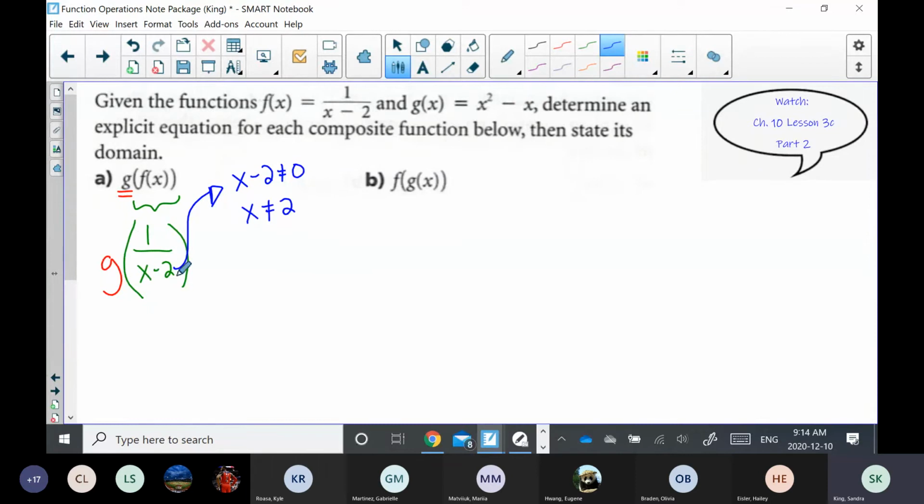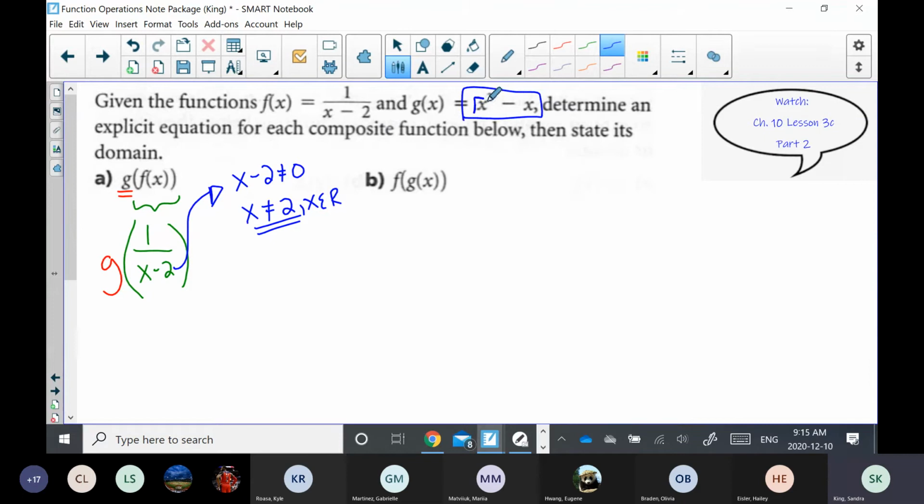So if you punch this rational into your calculator, 1 over x minus 2, you would see x could be any number, but there would be a vertical asymptote at 2. So that's my restriction, and I need to keep that restriction. Now I've found the domain of my inner function. What we're going to do is input this inner function into my outer function, which is g. So here's g.